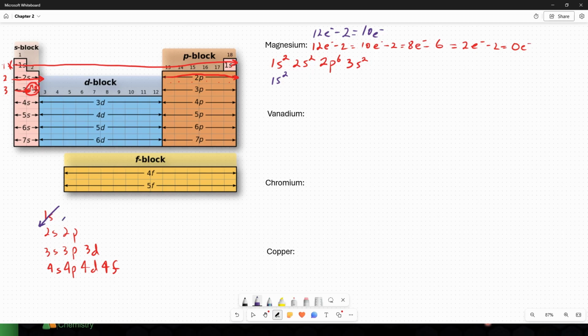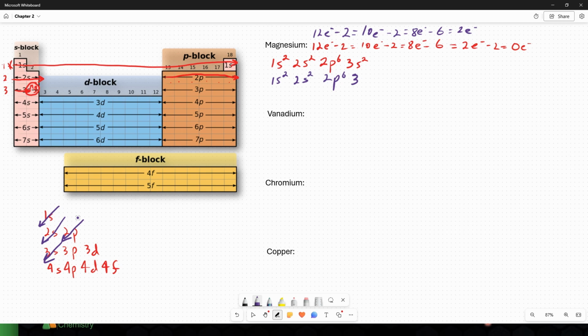If we then do the next one, which is 2s, again, S can hold a maximum of 2 electrons, so we have 8 electrons left. Then we have 2p. 2p can hold a maximum of 6 electrons, which we had 8 left, minus 6, we have 2 electrons left.